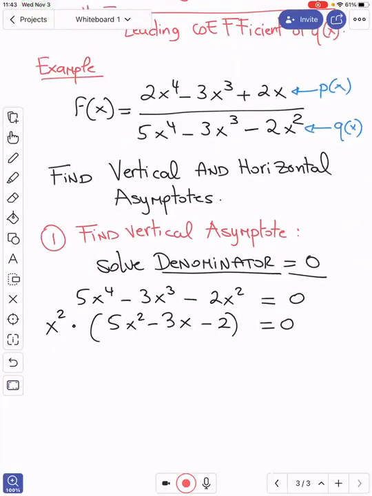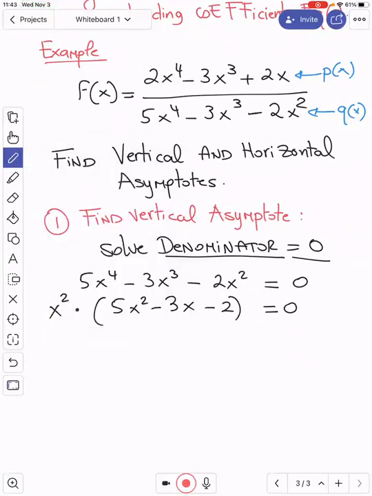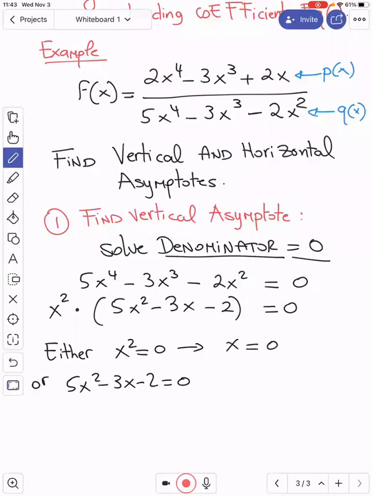So either x squared is 0 or 5x squared minus x minus 2 is 0. For x squared is 0, you apply the square root, so x is 0. Here you don't have to worry about the multiplicities, guys. For rational functions, all you have to do is just solve.